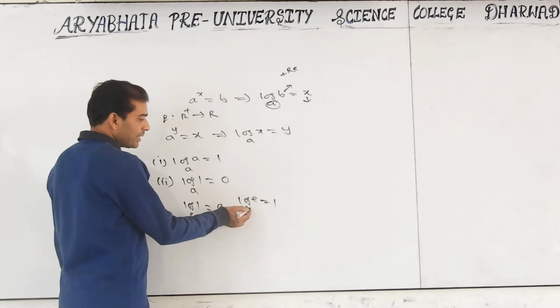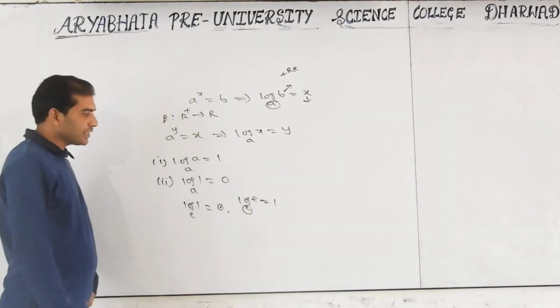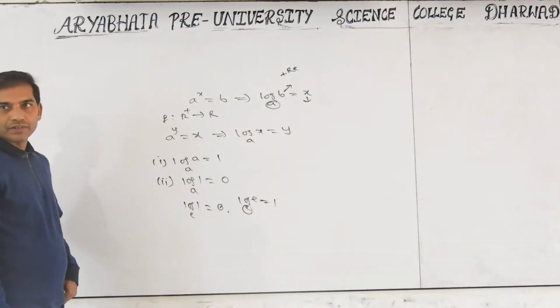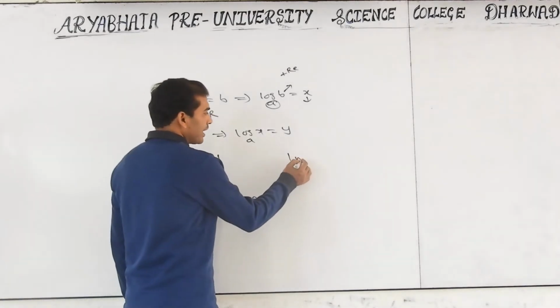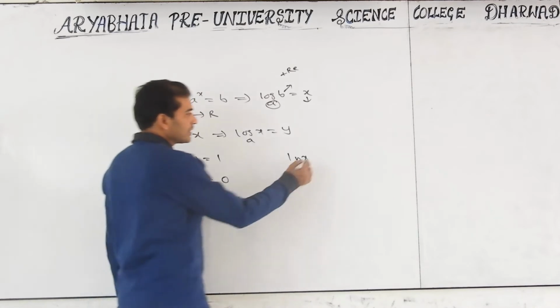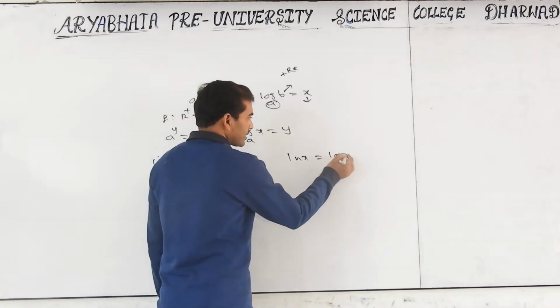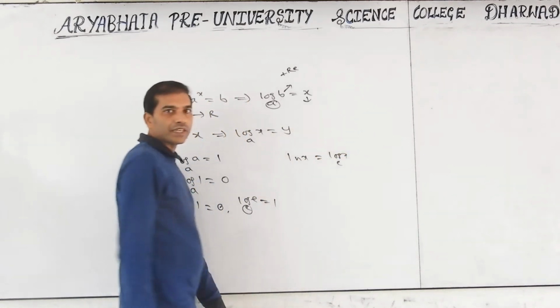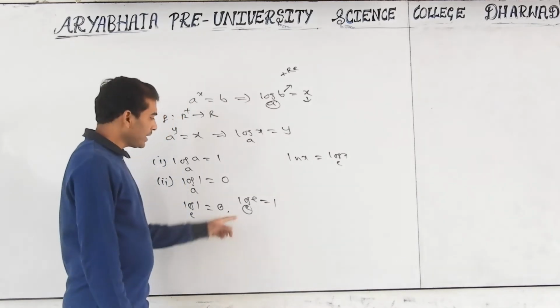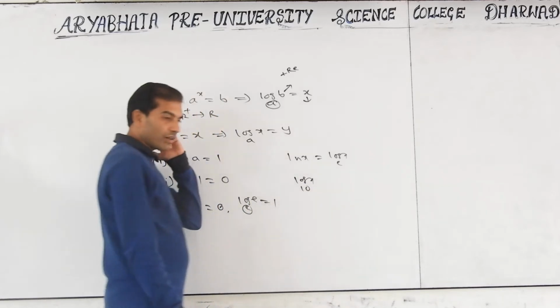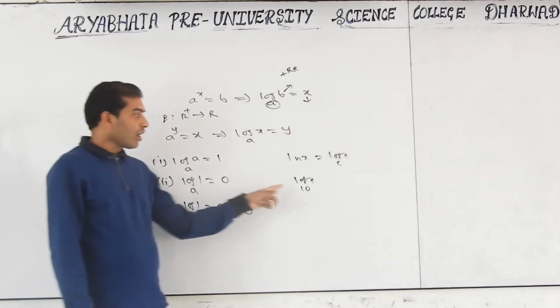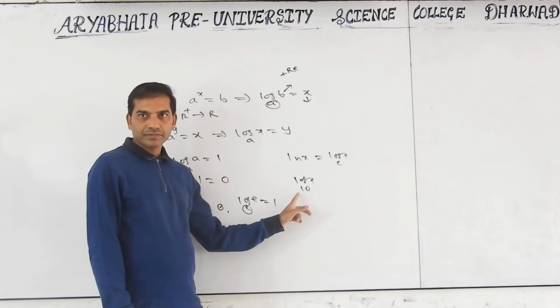Okay, if the base is e, then that function is called the natural logarithmic function. It is denoted by ln x. Ln x means log x base e, both are the same. If the base is 10, log x base 10, then the logarithm is called the common logarithmic function.